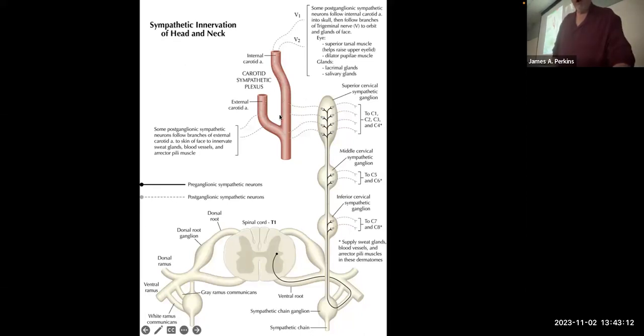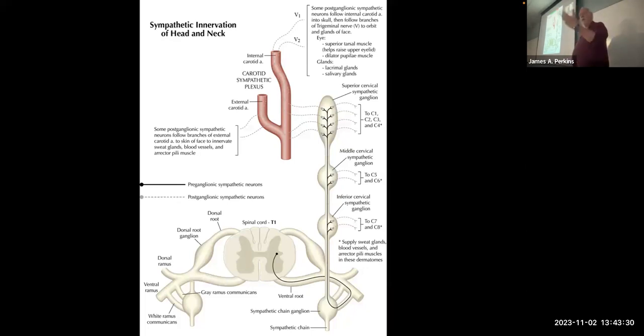Now, there are other postganglionic neurons that are part of this carotid sympathetic plexus that are actually going to follow the internal carotid artery through the carotid canal into the inside of the skull, into the inside of the head.